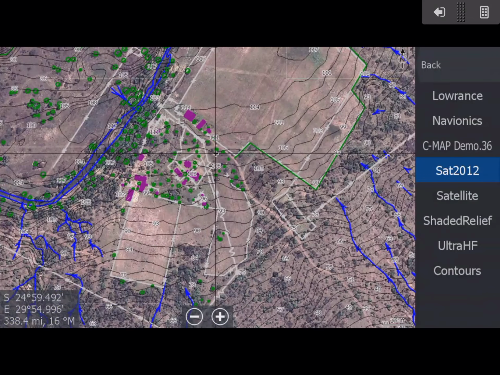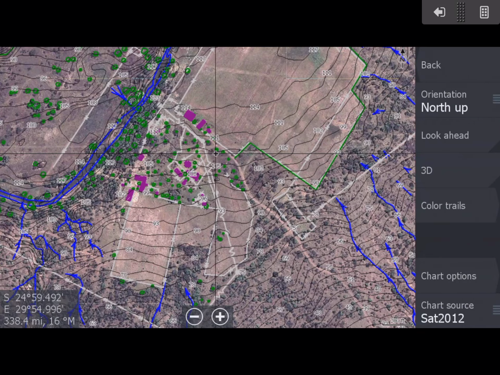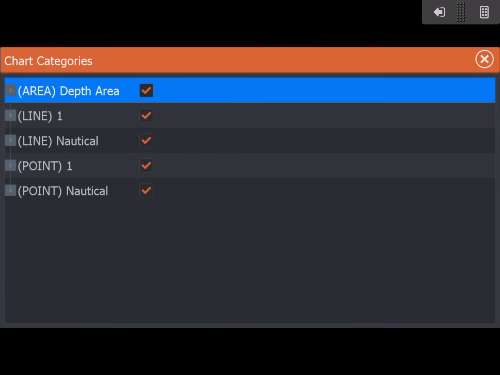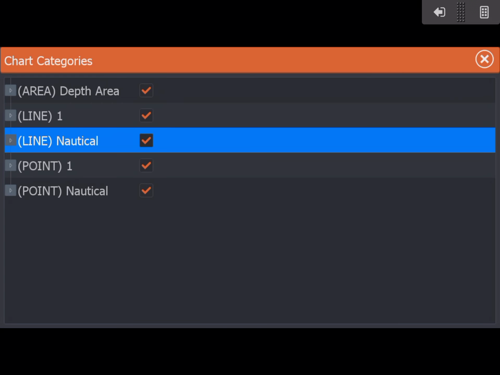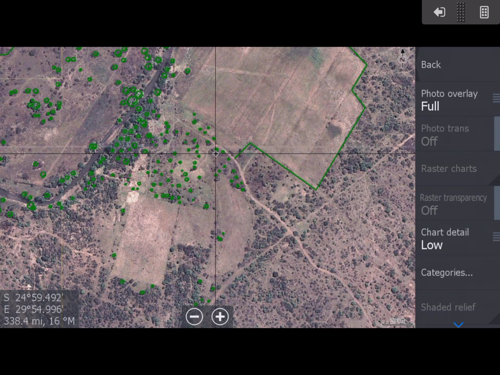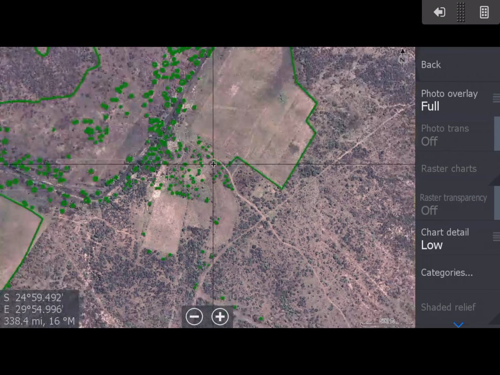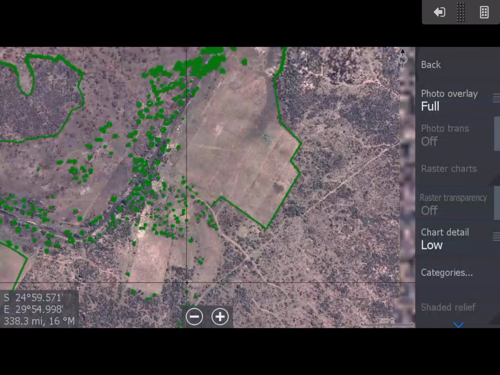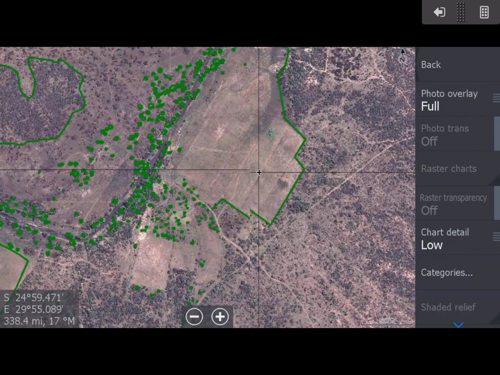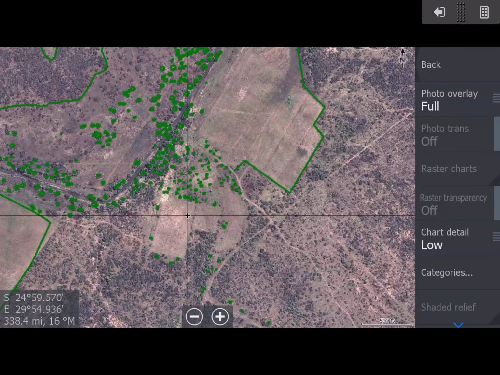I want to turn the contours off. So we're going to go back, chart options, categories, lines, nautical. Let's see if we turn that one off. There we go. Look how that matches up with that field in the old satellite.